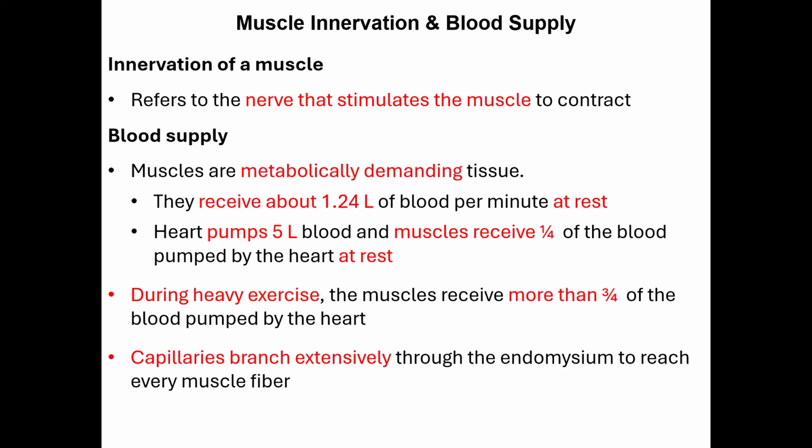So why do you need all this blood supply? Muscles need nutrients. A lot of waste is produced. They all have to be removed. So that means there's a lot of metabolism happening there. It's metabolically active. So they have a lot of blood supply.